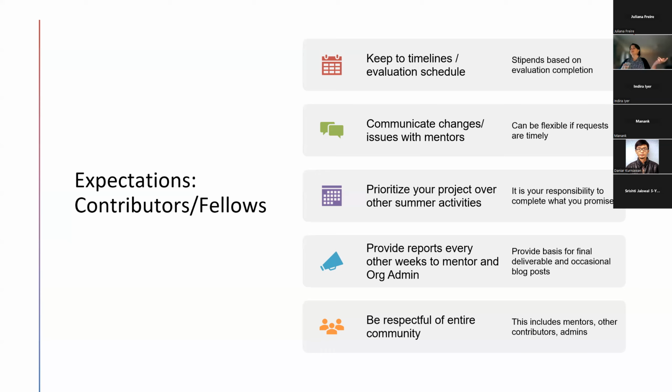It's a great basis for the final deliverables, so you can keep whatever you write and then structure it for your final report of what you did, as well as occasional blog posts, which we'll be trying to make more regular throughout this session.